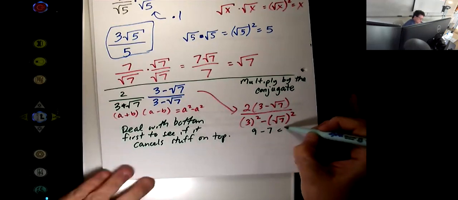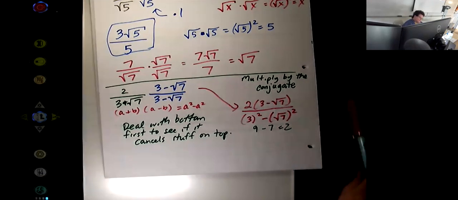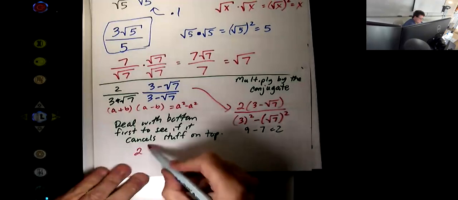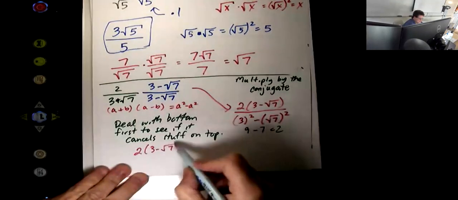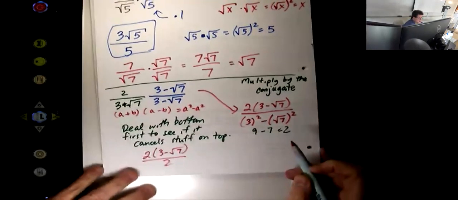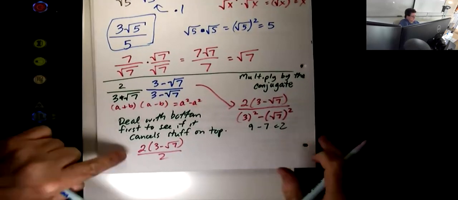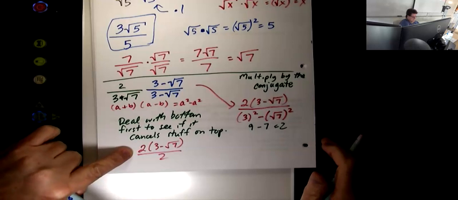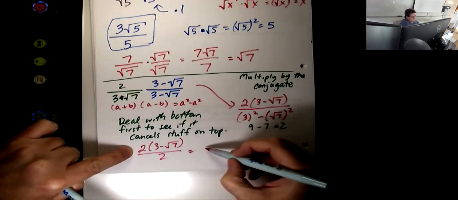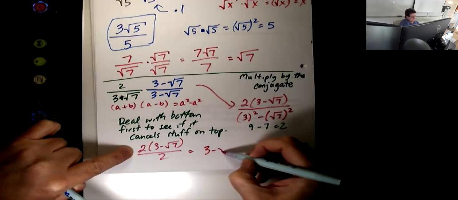And this bottom is a 2. I have 2 times (3 minus square root of 7) over 2. Since I hadn't multiplied it through already on top, I can see the 2s cancel out easier. This is just 3 minus the square root of 7.